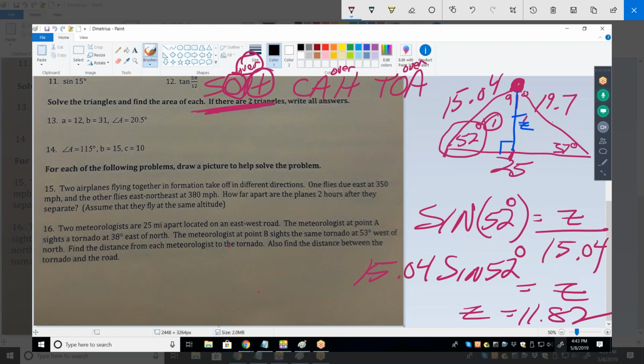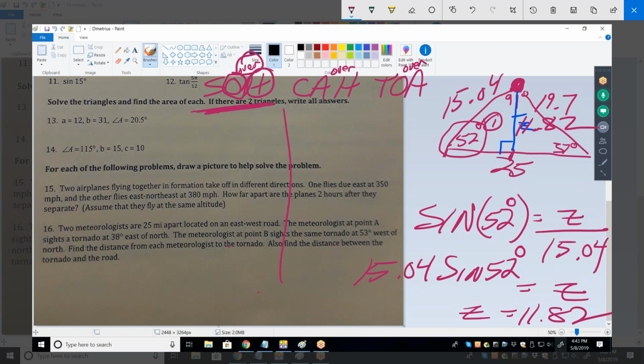That's how far the tornado is from the road, measured perpendicularly. 11.82 fits with all the other measurements. If I had come up with 118 miles, I'd know something's wrong. The critical part of this entire problem was drawing the diagram properly, and that's not all that easy to do when they give you east of north.